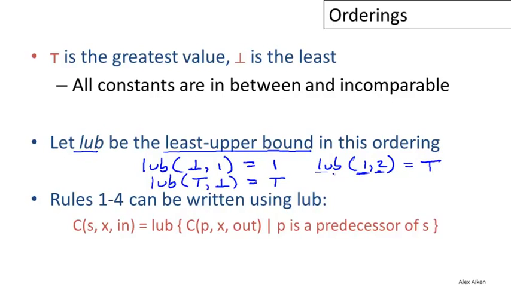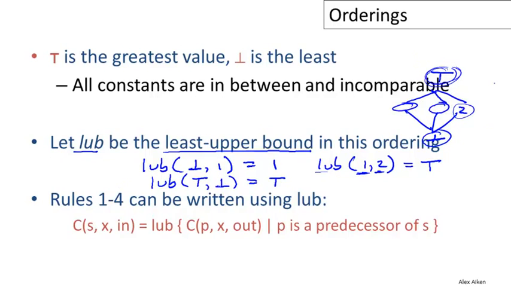If you draw our picture again, with bottom and top, and pick out some points, say the least upper bound of bottom and 2, you're just picking the smallest thing that's bigger than both, which is 2 itself. Similarly, 2 and top gives top. If you have anything incomparable, you have to pick something bigger than both, and for this very simple ordering that will always be top.